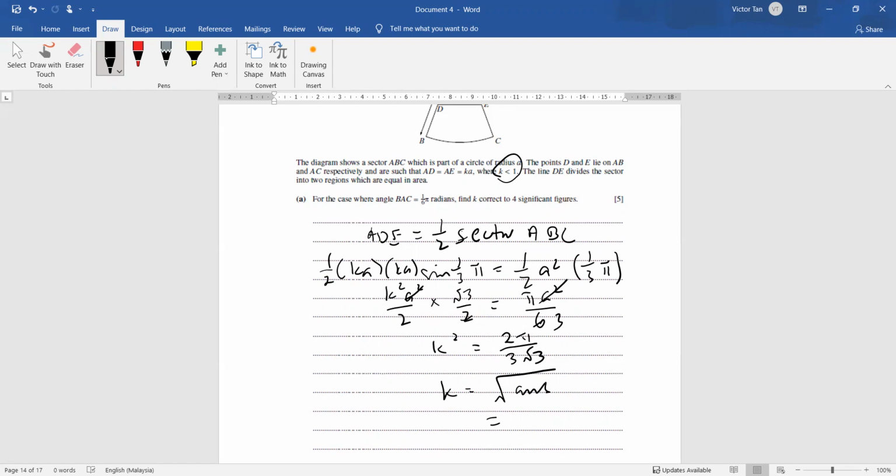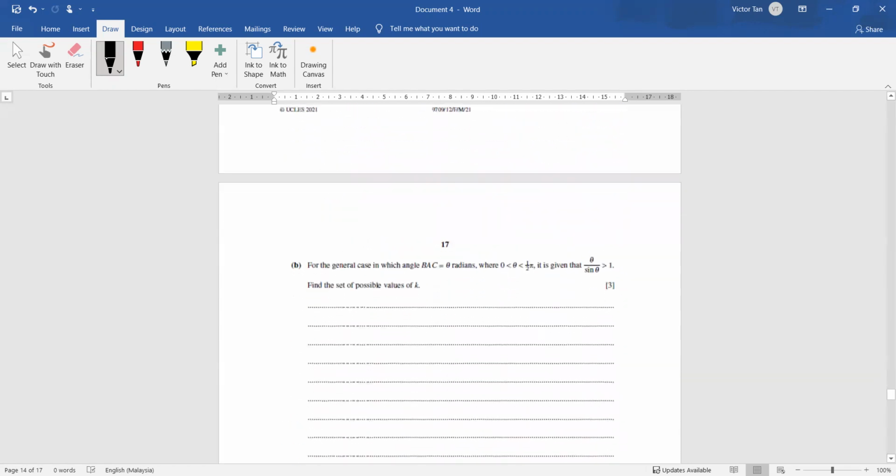Now they like 4 significant figures. 1.010. Just be careful. Not 1.01, you must put the 0 in to make it 4 significant figures.